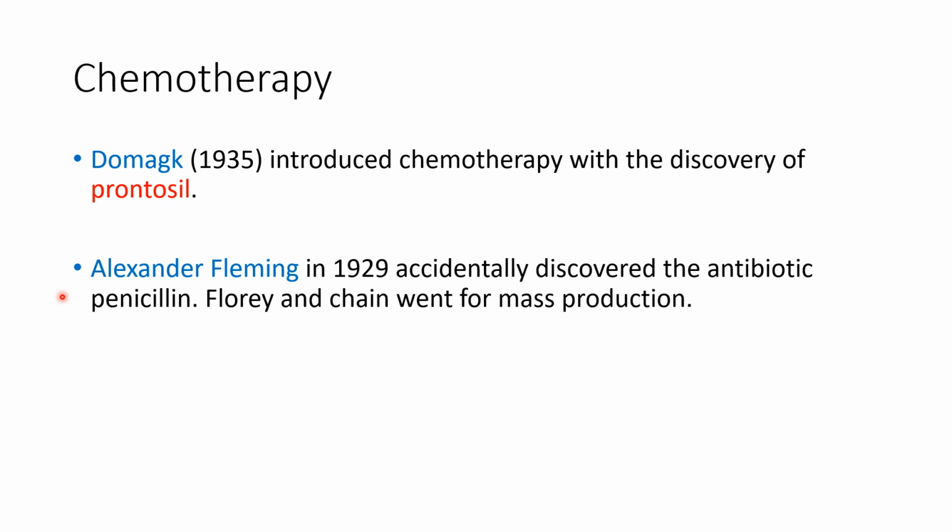Though the drug was discovered, it was used only during the Second World War, not before that. Whereas Prontosil, people started using even before that. And penicillin went for mass production by the efforts of Florey and Chain, and together they were awarded the Nobel Prize for their significant work in this field.